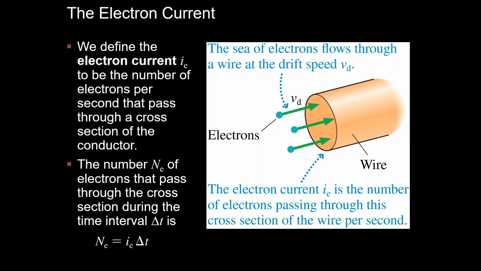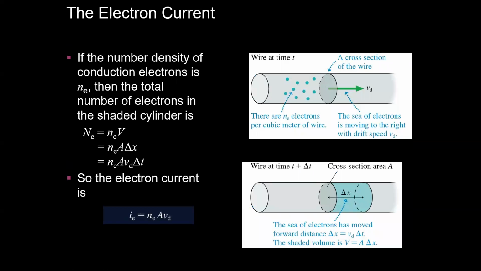And although that's the definition, we can simplify it into more reasonable terms, because capital N is the total number of electrons that pass in that unit of time.